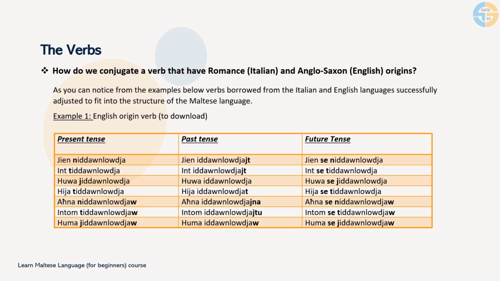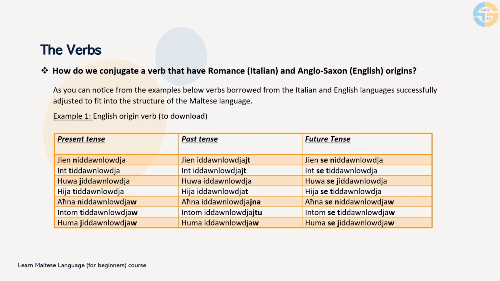Aħna id-downloadjajna. Intom id-downloadjajtu. Huma id-downloadjaw. Obviously, the yt and the w are different from how we conjugate the Semitic verbs, because these are coming from the Italian and English languages. So be careful with that. This is just for verbs that originated from the English and the Italian languages. All right, remember that.